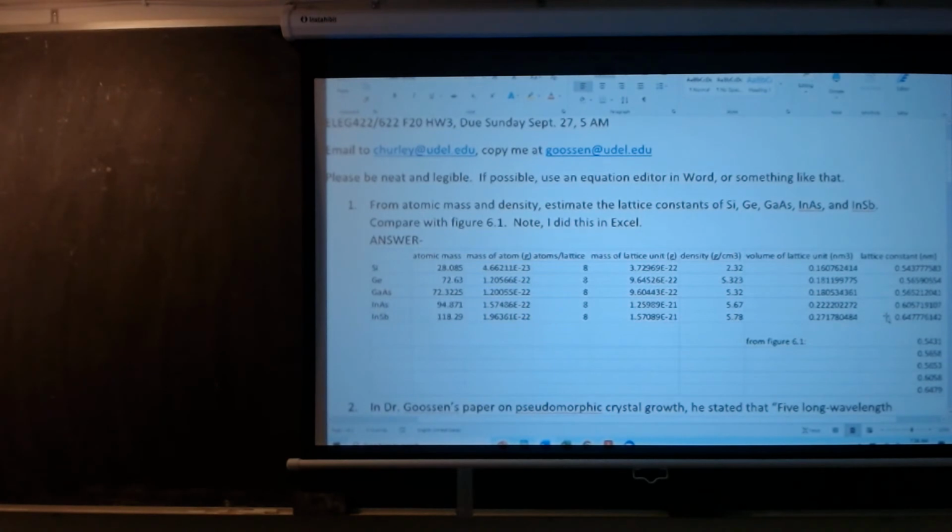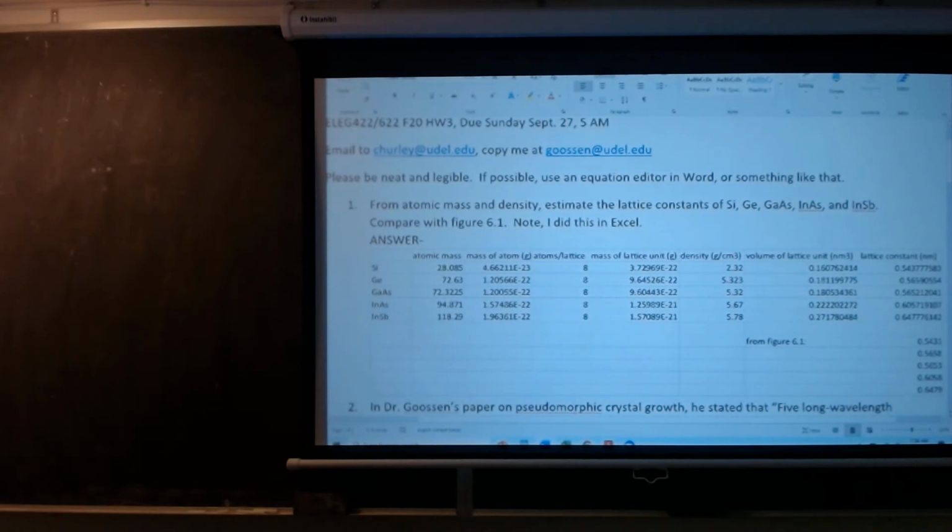It's not really bigger because of the weight of the nucleus, but basically, it kind of has to spread out a little bit, and so the lattice constant gets bigger. So that's kind of a principle that you can know here.